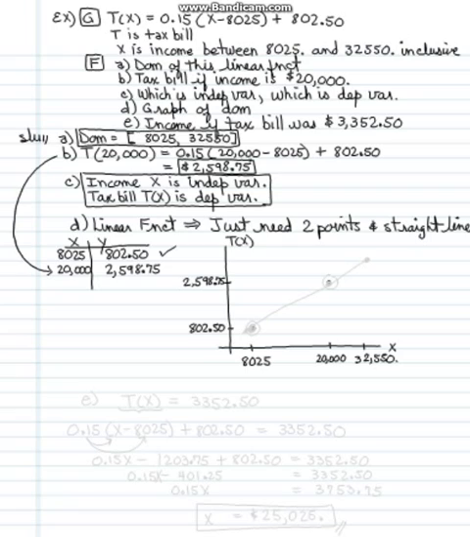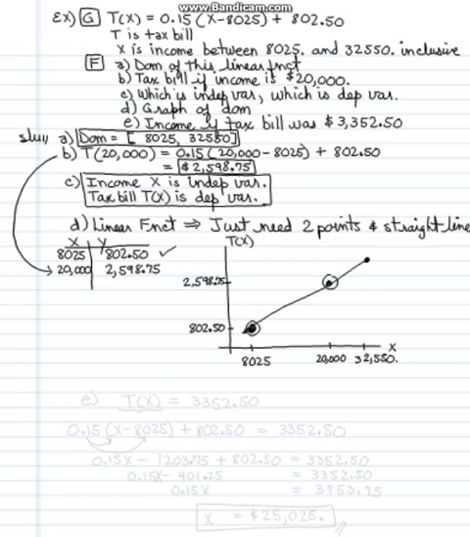So we have this point, and we connect those two together with a straight line. The thing is, you don't want to go too far because you have a restriction on your domain. So we can only go up to that point there. I want to stop at this point over here. There is another point somewhere up here because we can't go any further.